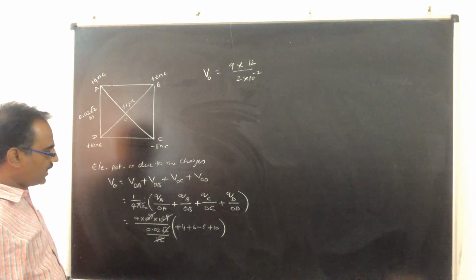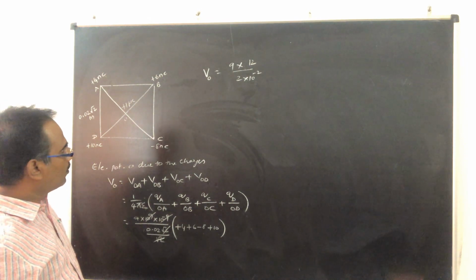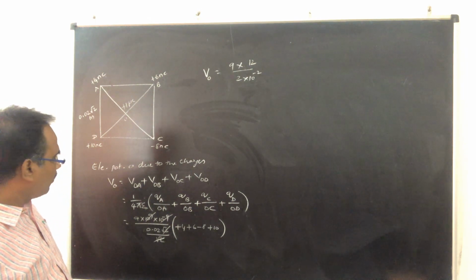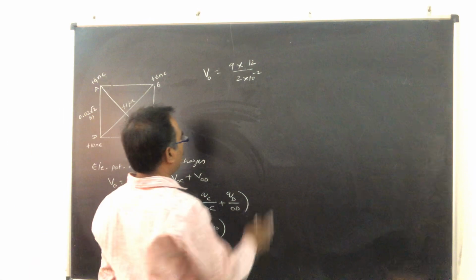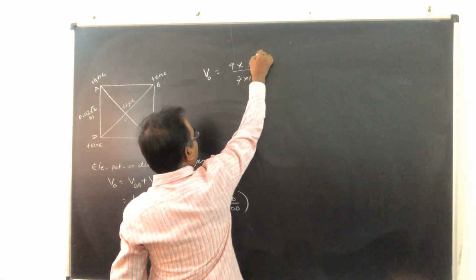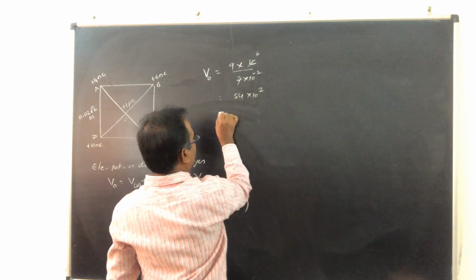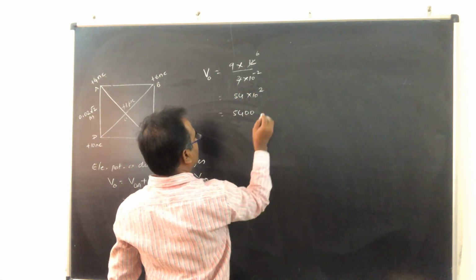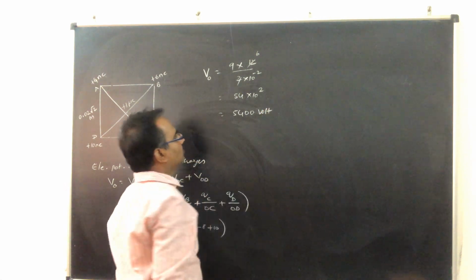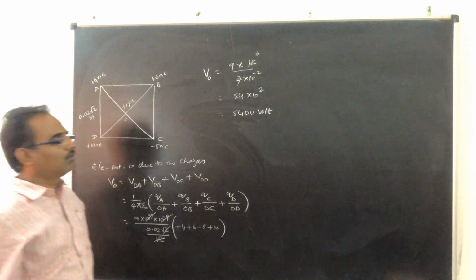So 9 into 12 divided by 2 into 10 to the power of minus 2. So it cancels 6 times. So 54 into 10 to the power of 2. So it is 5400 volt. This is the potential at O.